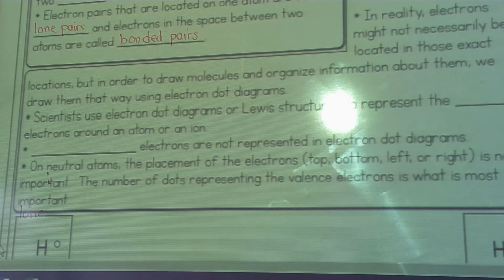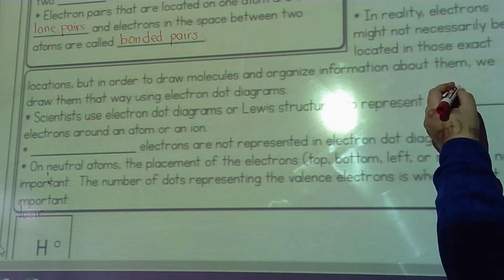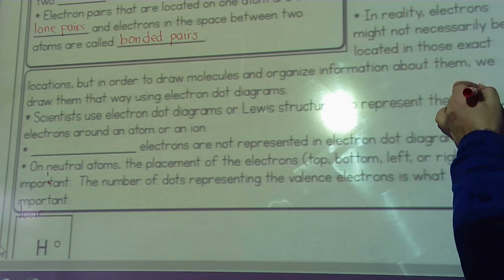Even though we see them that way in the picture, in reality, the electrons might not necessarily be in that exact location. But this is a model, remember, and we use it to help us see what's going on and to get good information. So that's just the way we draw them. These electron dot diagrams are also sometimes called Lewis structures, and the only electrons that we care about are the valence electrons.